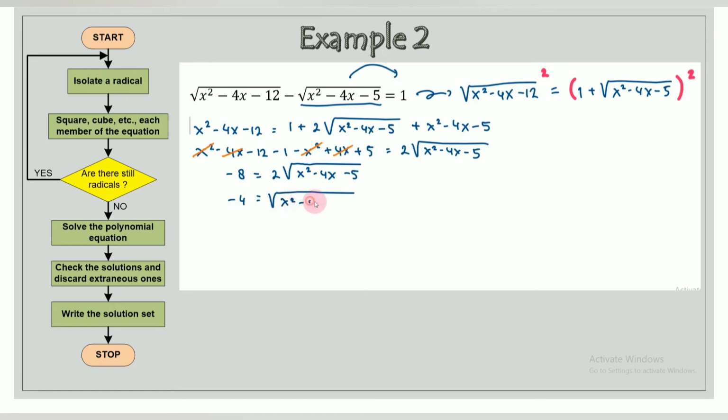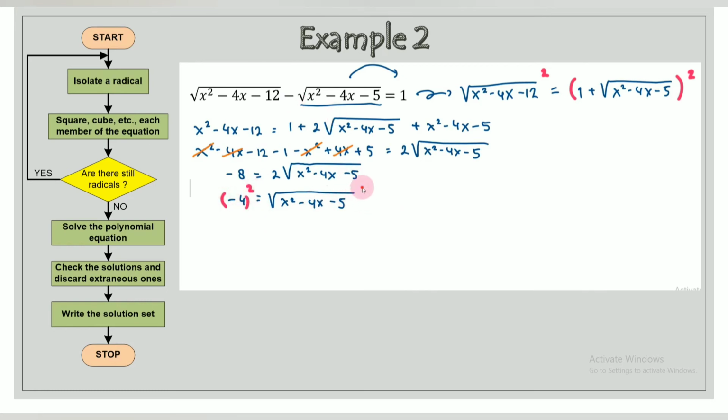We have isolated the radical. Now let's square both sides. We go to the second step, square both members. Of course you can get the idea that actually it's impossible, since a square root of something cannot be negative, right? So actually we already know that there is no solution for this, but let's pretend we don't know. Let's just respect the steps.